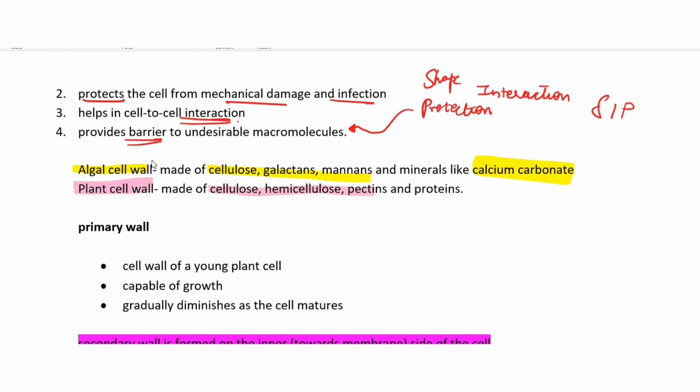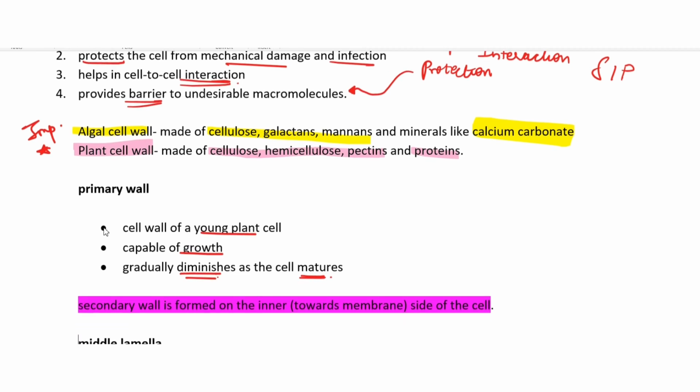Okay. So now there are two kinds of cell wall. One is the primary cell wall and the other is the secondary cell wall. Primary cell wall is the cell wall which is present in young plant cells, and this primary cell wall is capable of growth. So as the cell matures, this primary cell wall gradually diminishes, and the secondary cell wall now forms on the inner side, that is inner to the primary cell wall, when the cell attains maturity.